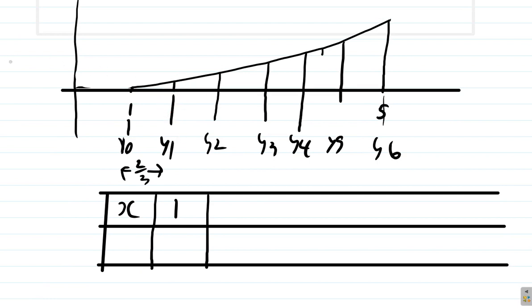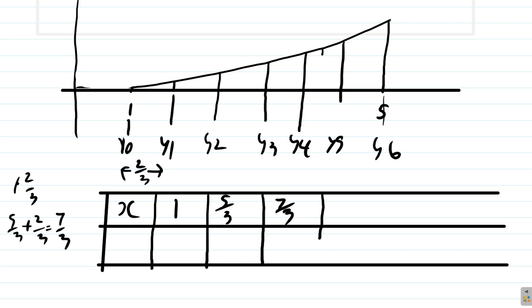So we have 1 and 2/3, which is 5/3. Then 5/3 plus 2/3 would be 7/3. So the next value is 7/3. When we add 7/3 to 2/3, we get 9/3, which is 3.